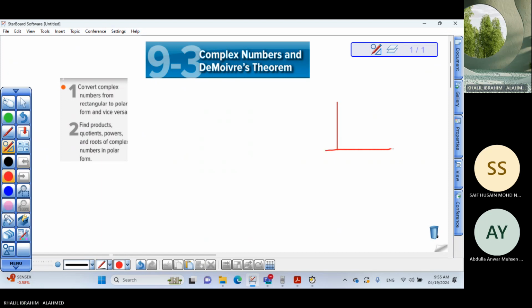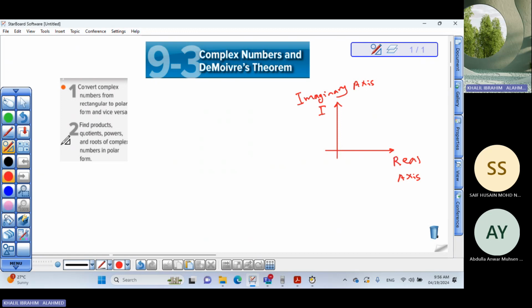As you see, this is the real axis, and this is the imaginary axis. Maybe this is i, and this is r.